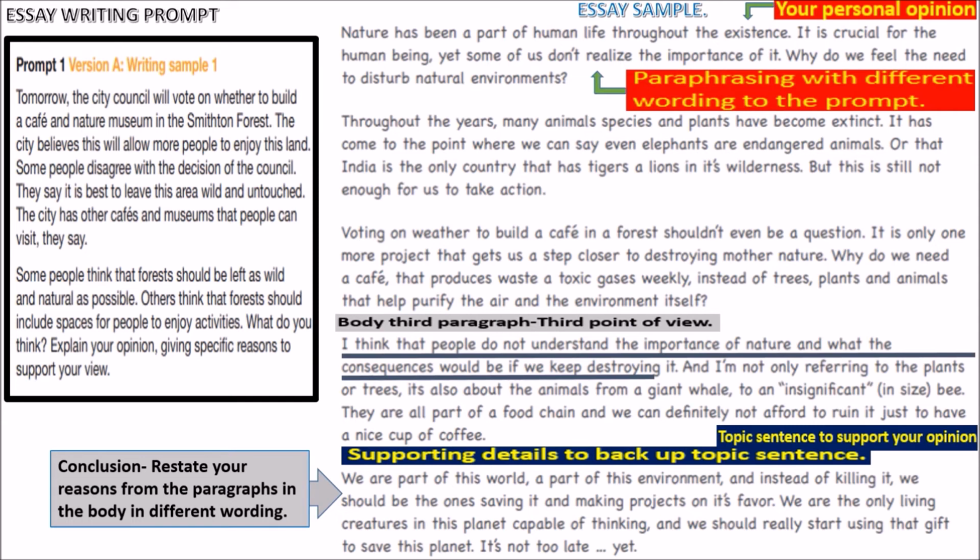We are the only living creatures in this planet capable of thinking, and we should really start using that gift to save this planet. It's not too late yet. So this is the conclusion. We have to use different wording, so do not give new information in this part. Okay, we have to use different wording but summarize what we said in the other paragraphs of the body.